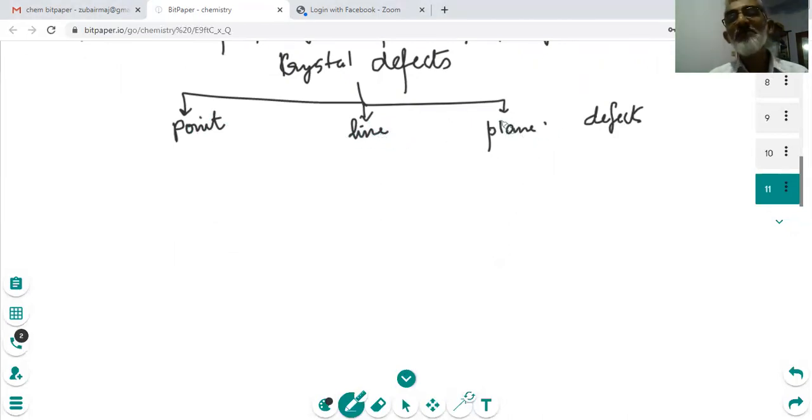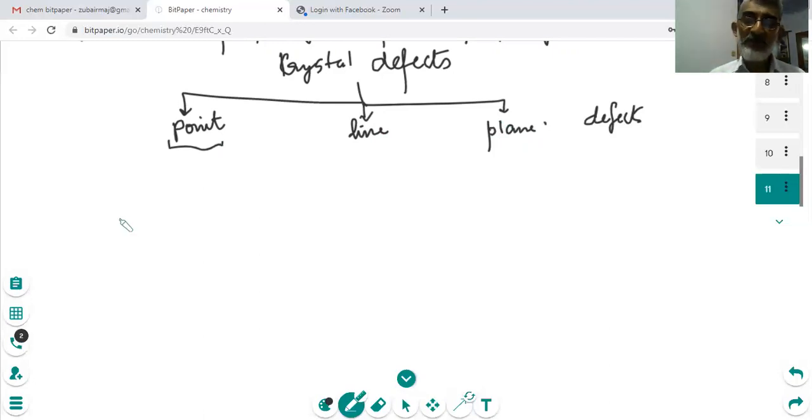And the plane defect will be related with a change in the planes, maybe some of the planes are closer, some are farther away. All this depends. Now we will be dealing only with the point defects.